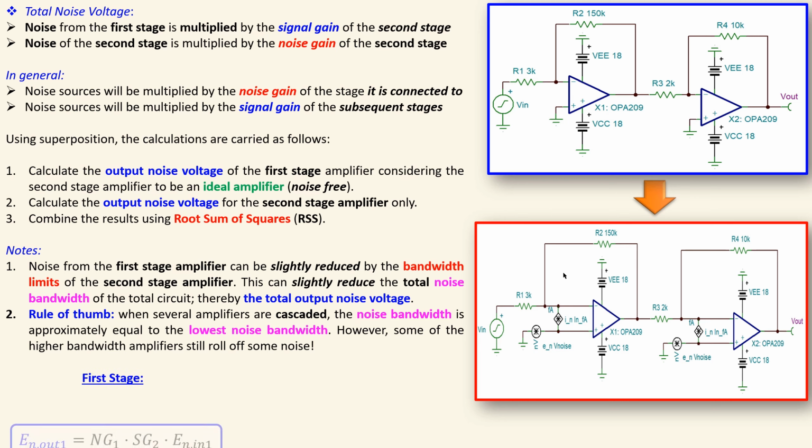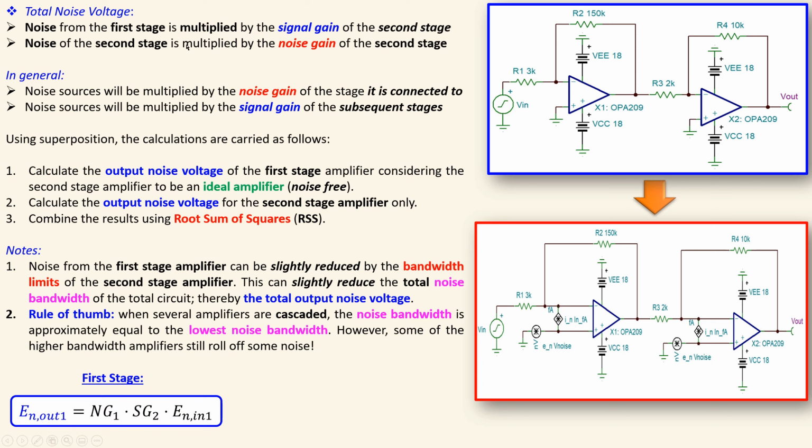So if you now look at the first stage, again using the description here, the output noise voltage in RMS for the first stage only will be given by this: the noise gain of the first stage times the signal gain of the second stage times the input referred RMS noise voltage of the first stage.